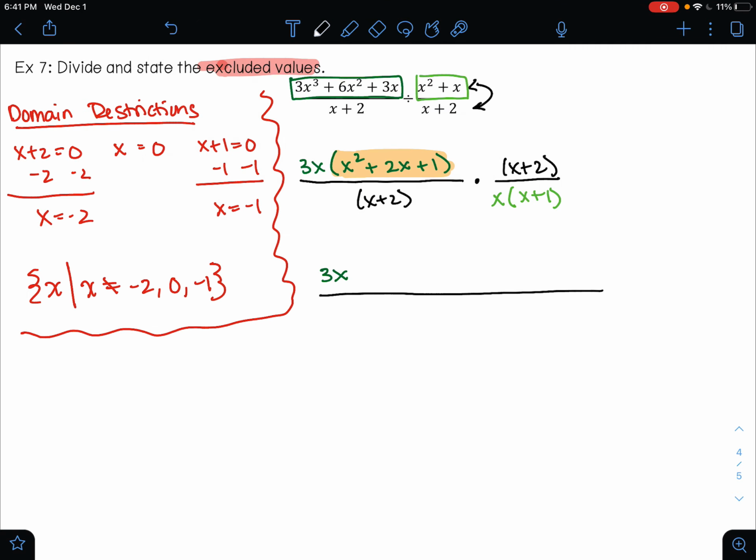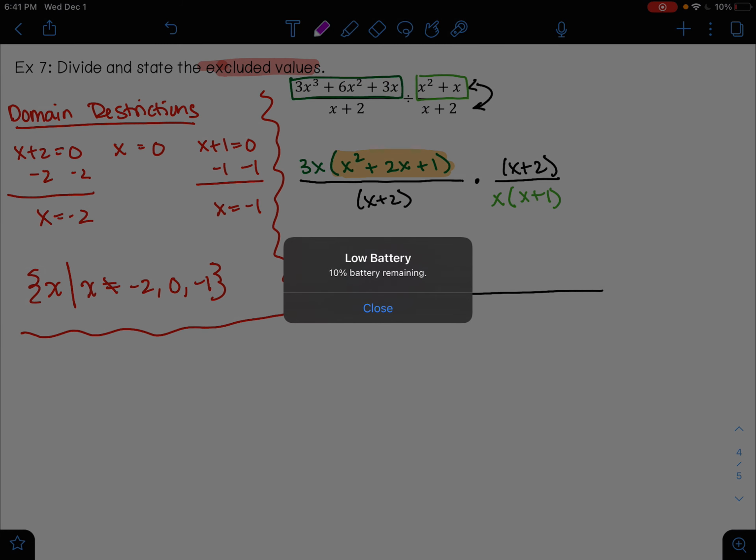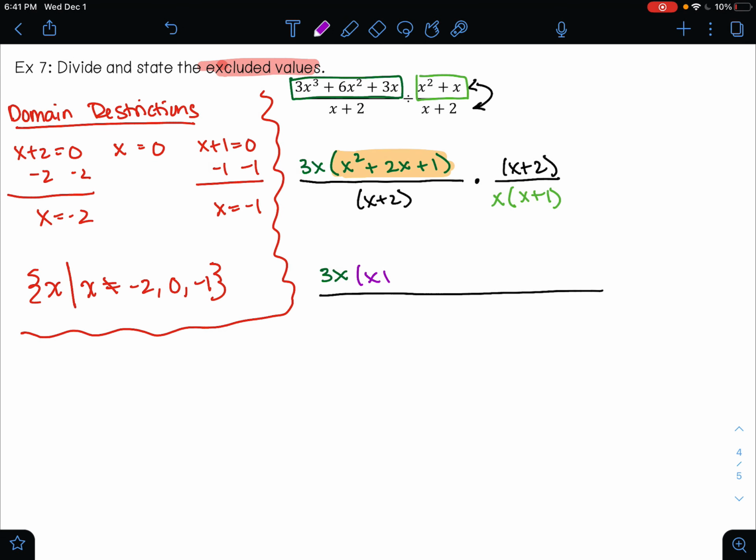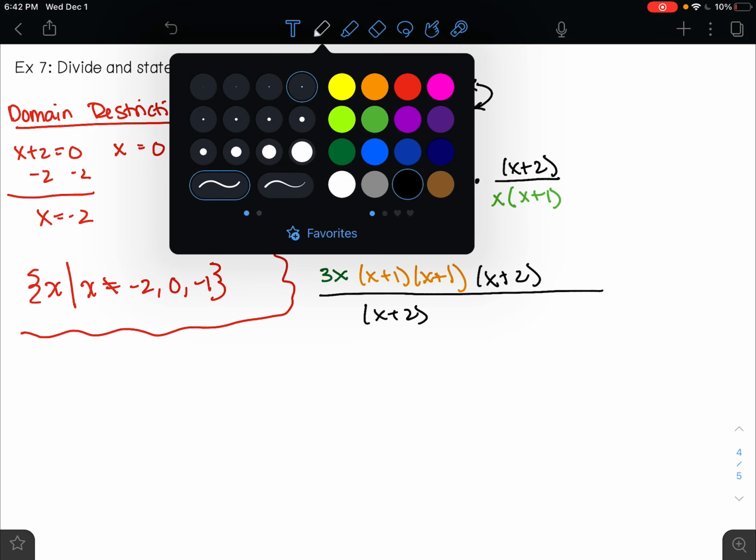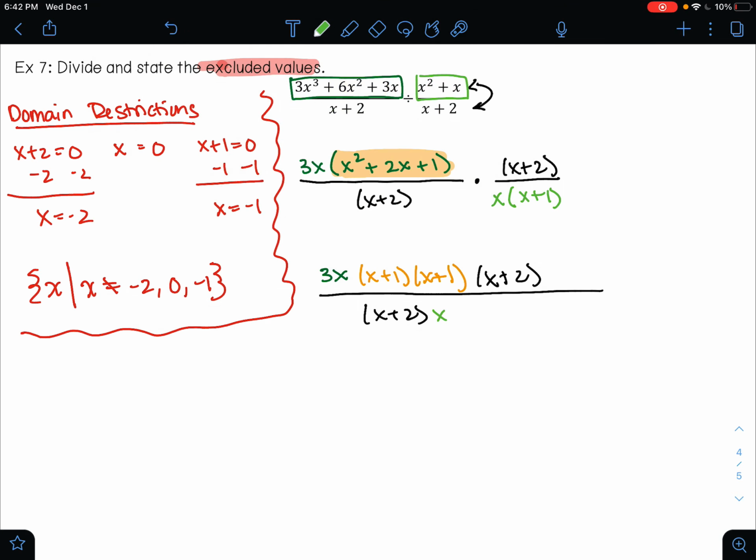And we said that this factors into x plus 1. Here this is x plus 1 times x plus 1. And then x plus 2, that one's already factored completely, so I'm going to bring that over. In my denominator, we have x plus 2 times x plus 1.